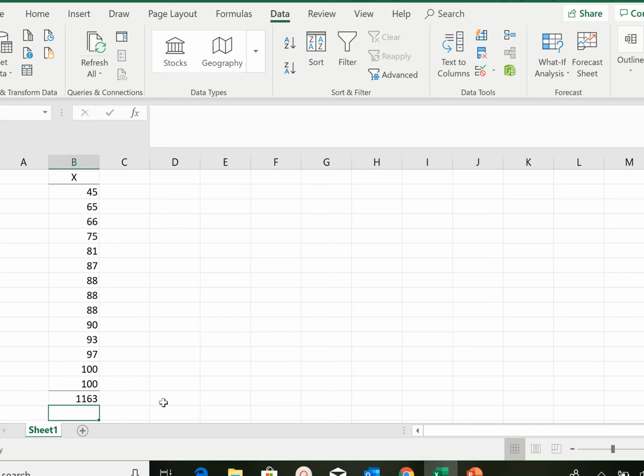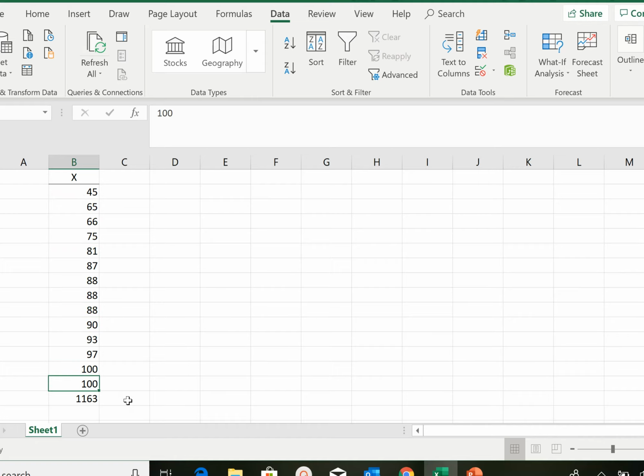which is 1,163, and then we want to take the sum of x and we want to divide that by the number of cases, which are, I believe, 14, but let's verify that. Correct.